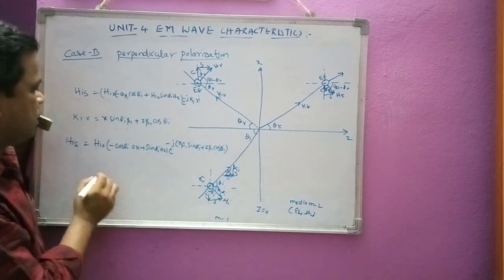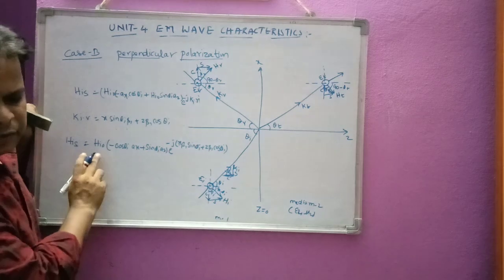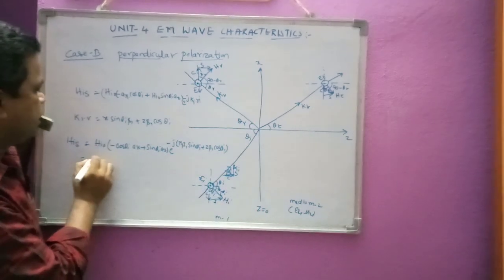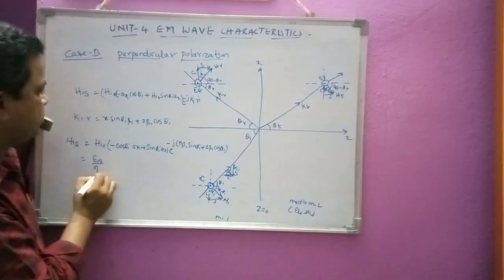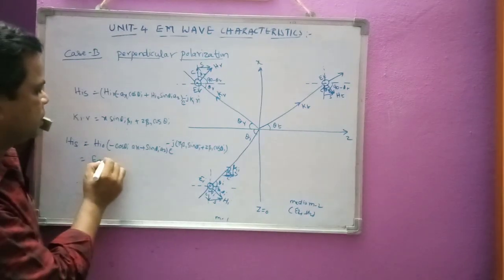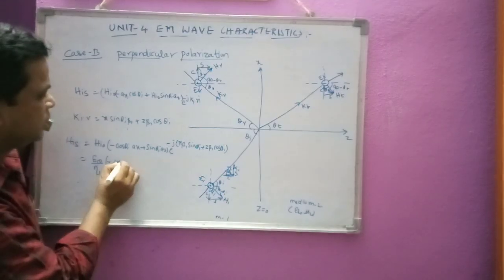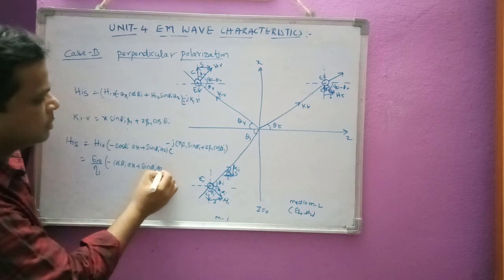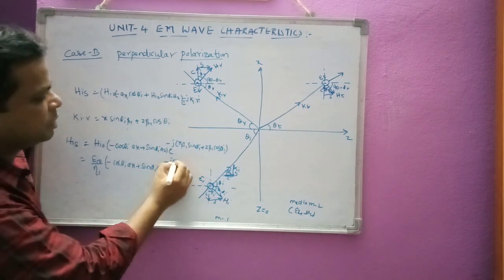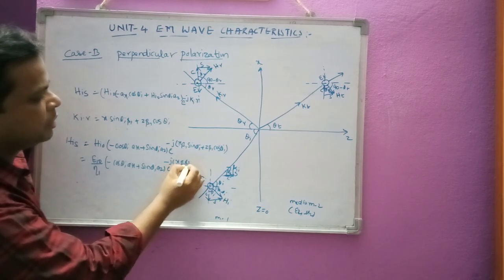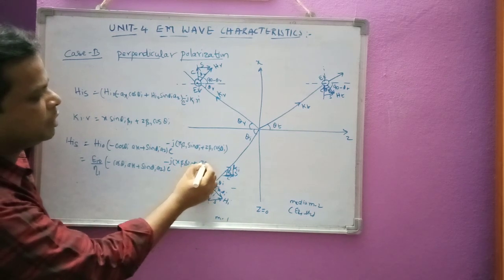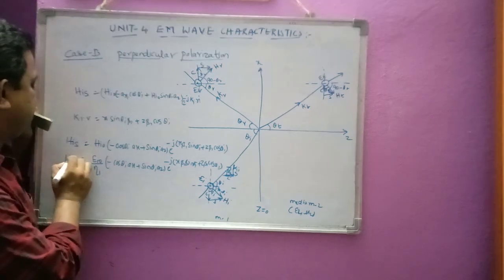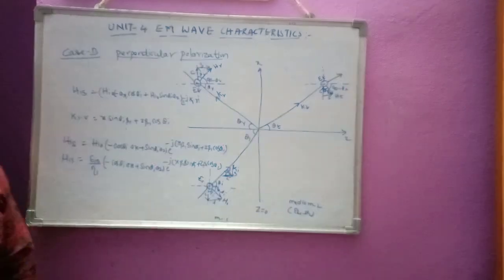Now I can express this in terms of EI naught, that is EI naught by eta 1, minus cos theta I ax plus sin theta I az into e power minus j, same as before, x beta 1 sin theta I plus z beta 1 cos theta I. So this is the final expression for the magnetic field HI of S.